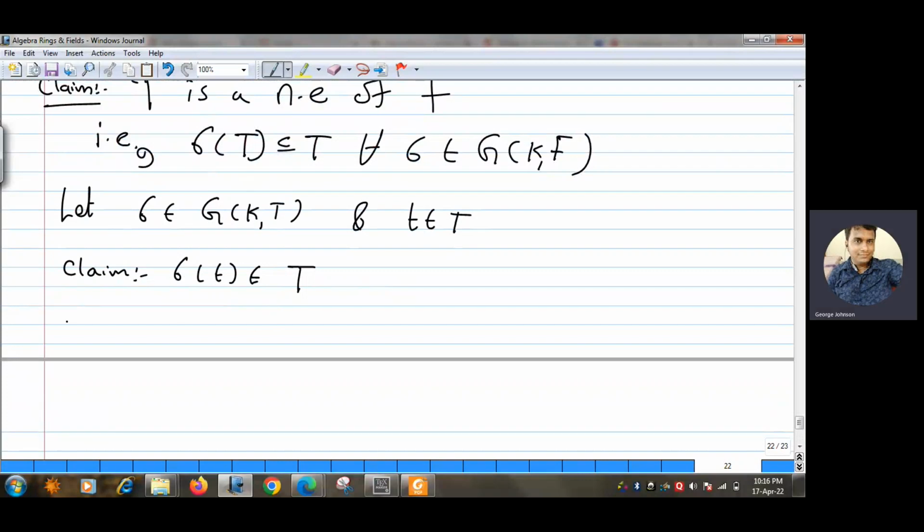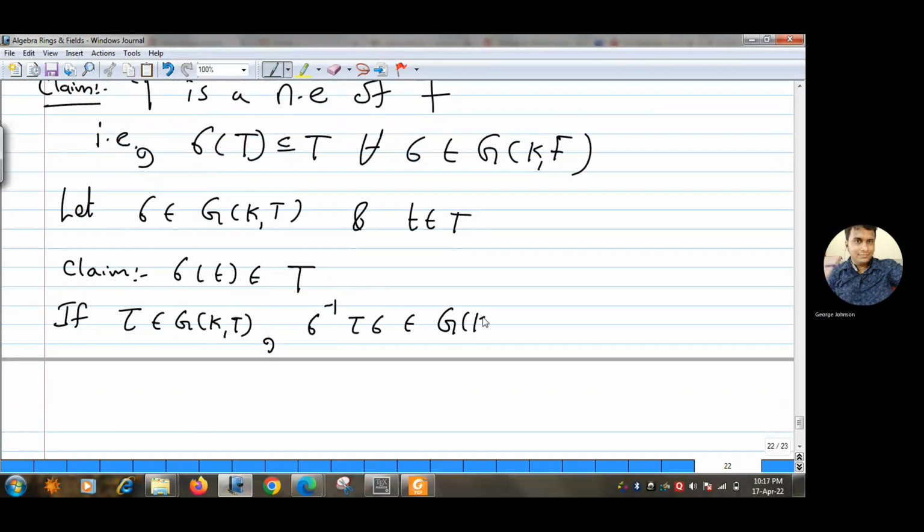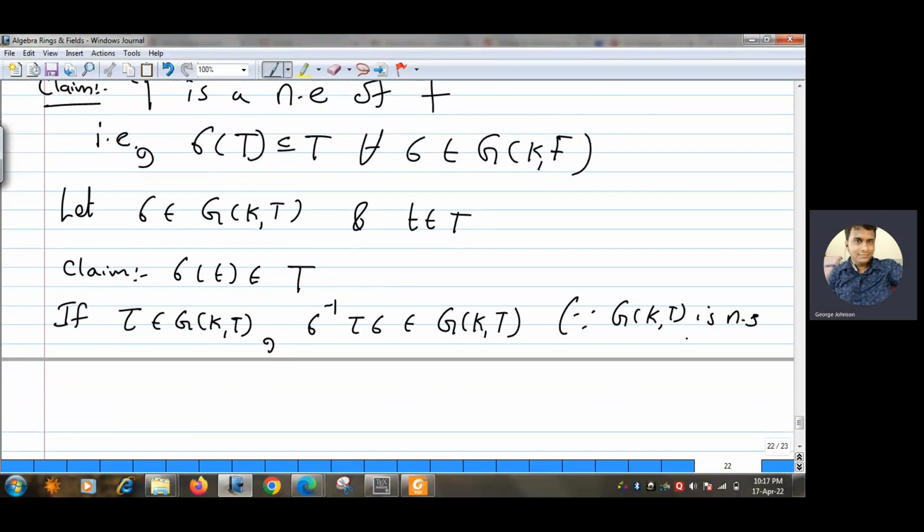Now, if I start with tau belonging to GKT, then because GKT is a normal subgroup of GKF, what I can say is that sigma inverse tau sigma belongs to GKT. What is the reason here? That GKT is a normal subgroup of GKF.